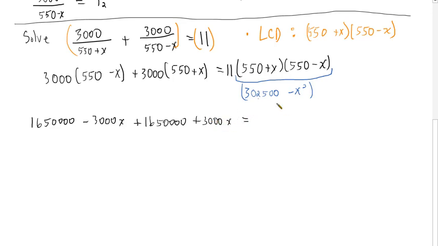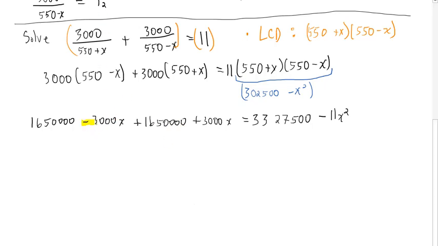And then applying the distributive property on the right, taking 11 times 302,500, that's 3,327,500 minus 11x squared.